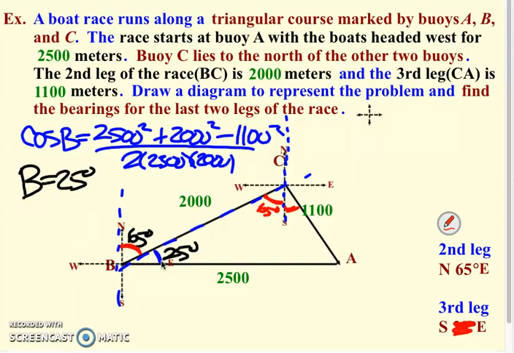With a bearing problem like this or problems like this one, very often you're going to use the concept of north-south being parallel or east-west being parallel. That causes alternate interior angles that are congruent. Okay, so again, one more time. If I know this is 65, then I know this is 65. Alternate interior. Well, that's partial. That's part of the big angle. Well, now if I do angle C, law of cosines, I should be able to subtract 65 from that, get my answer.